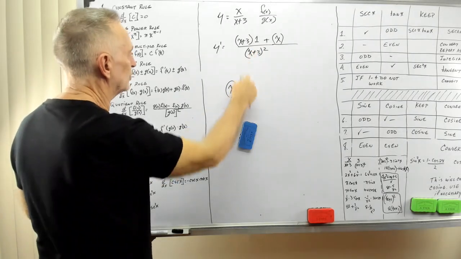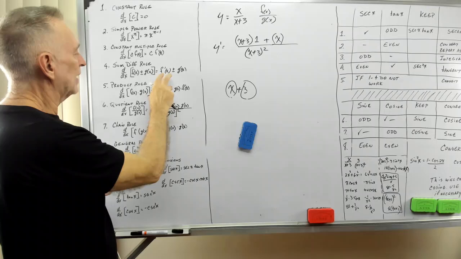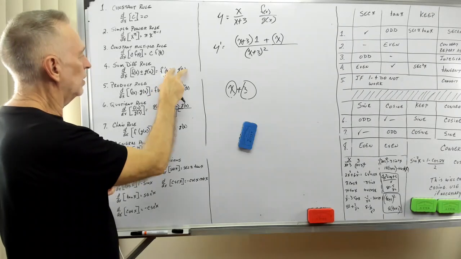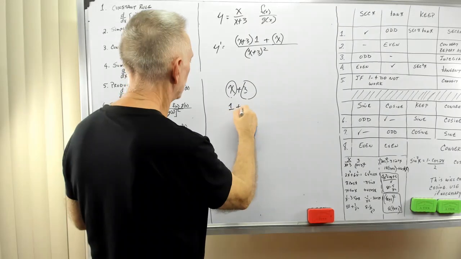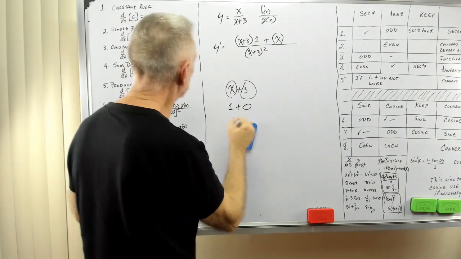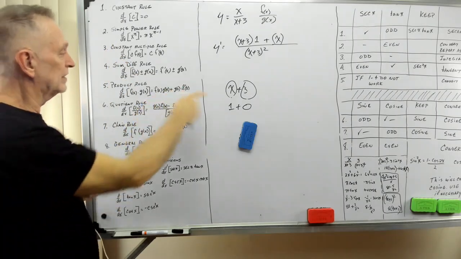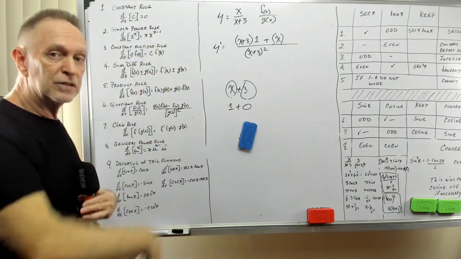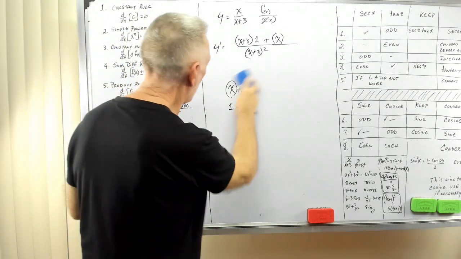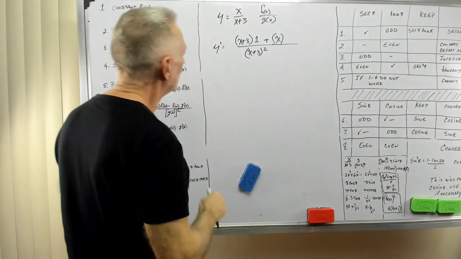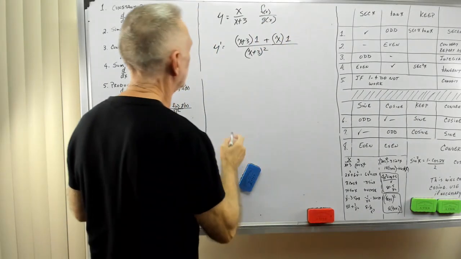Well, this is not g of x here, but you get the idea. 2 different functions, but I can take the derivative of each one, just add them together. So the derivative of x is 1 plus the derivative of a constant, which is my derivative of a constant rule, is 0. Isn't it amazing how many rules we went through just to get to this point? Okay, so the derivative of x plus 3 was just 1.